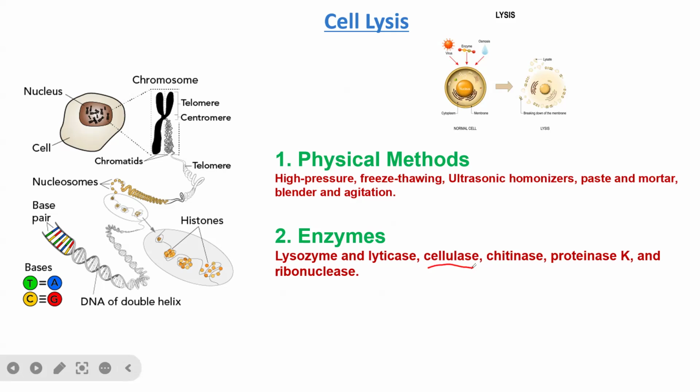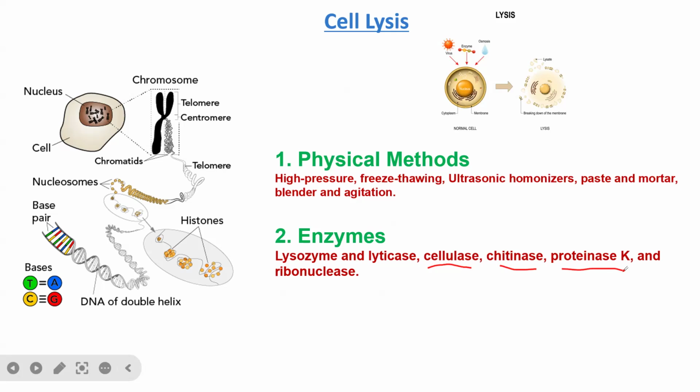And then the next one is chitinase. Chitinase is another enzyme used to break down the cell wall, but in fungi. And then we also have proteinase K. The importance of proteinase K is to degrade all the proteins that are associated with your DNA. When you break down the cell membrane, the content will be released, and that content contains protein and non-protein components.